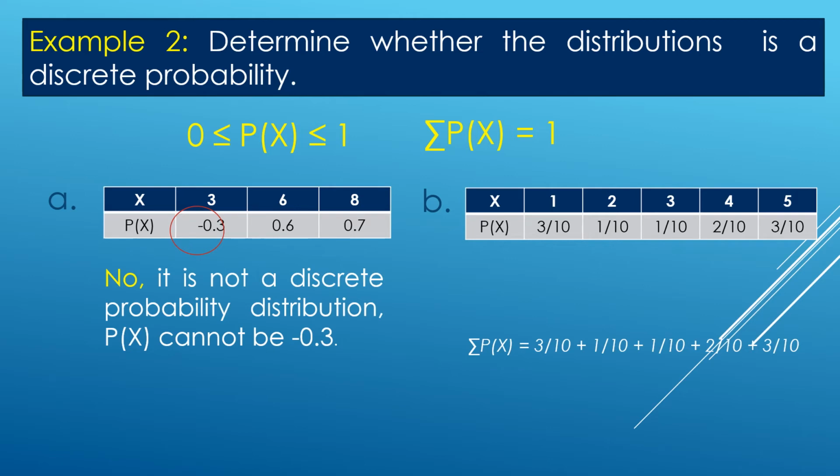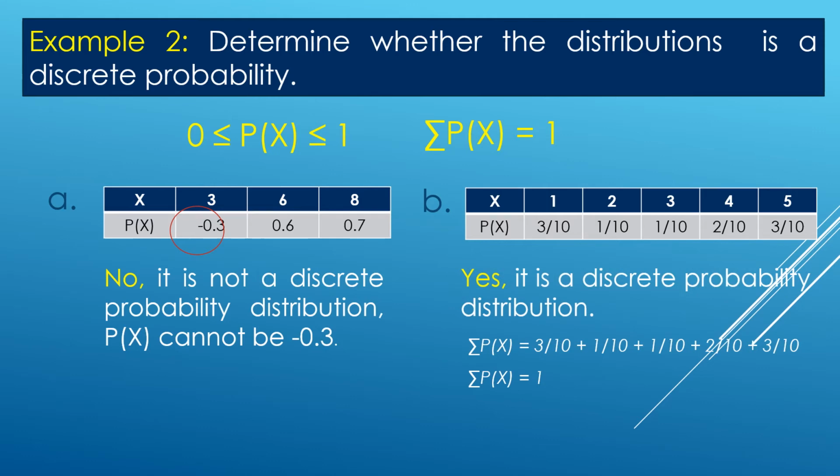So we have 10 over 10, and 10 over 10 is equal to 1. So therefore, distribution letter B is a discrete probability distribution since it satisfies property 1 and property number 2. Okay, so do you have any question? Yes, it is a discrete probability distribution.